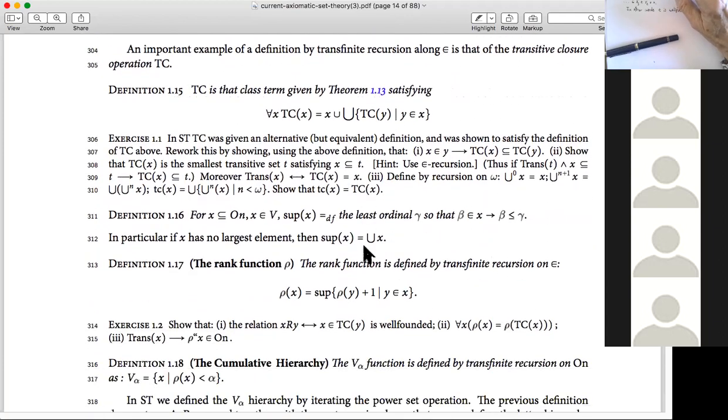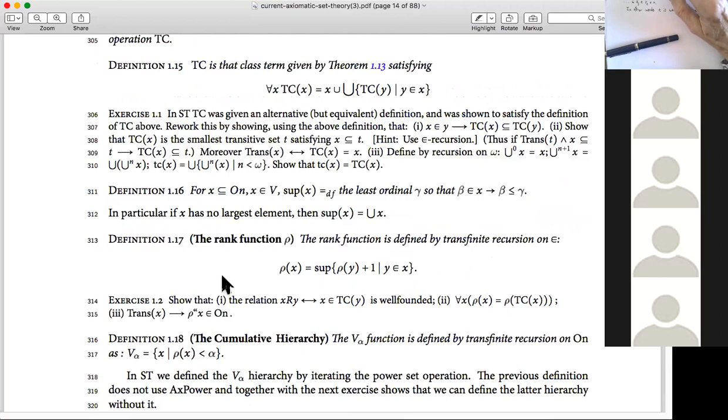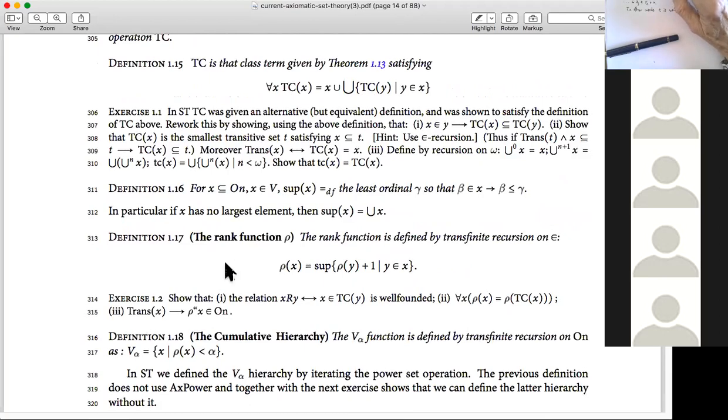So another example here is the rank function. So we define the rank function by recursion. Now we thought of the rank function as being the rank of a set x would be the least alpha such that x was a subset of V alpha.